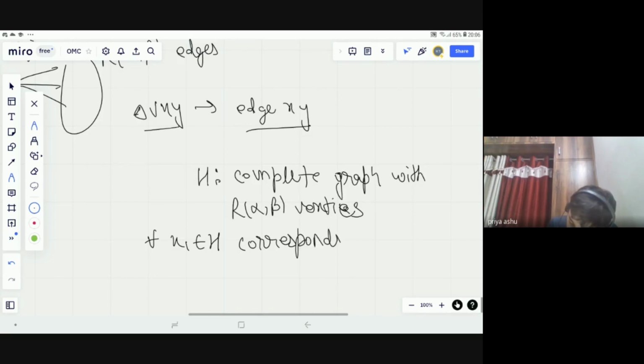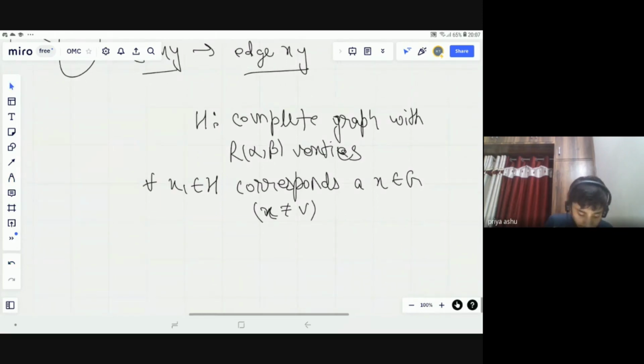corresponds to some x in G, the original graph in which we are coloring triangles, and x is not V. So every vertex in our new graph H corresponds to some vertex x in G, and that vertex is not our main vertex V. Now in H we will be coloring edges, not triangles.